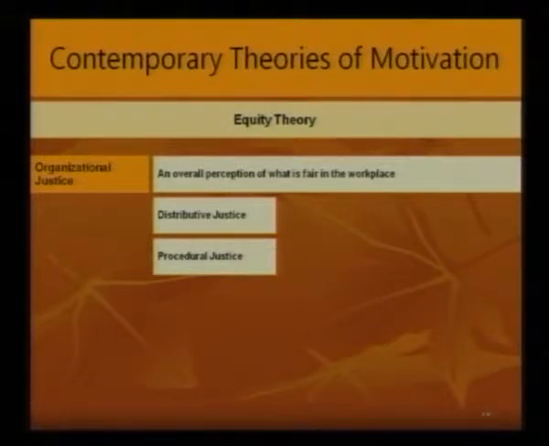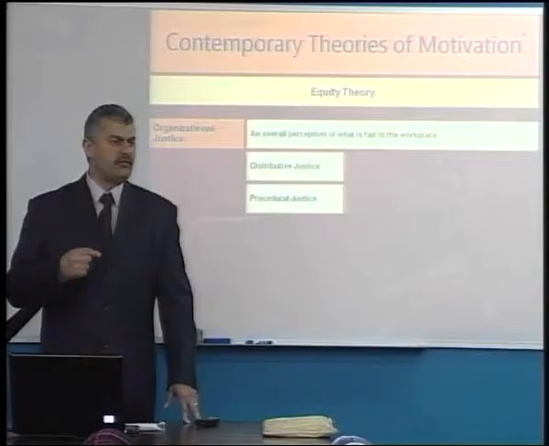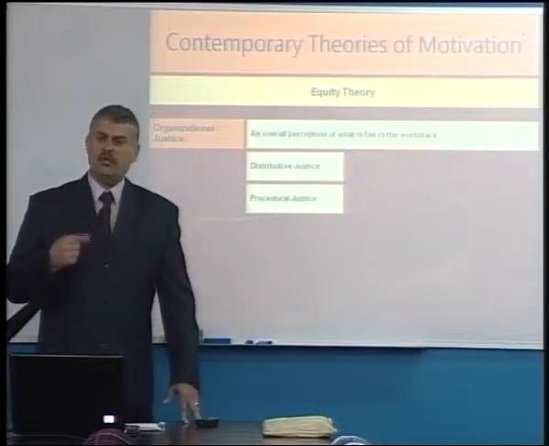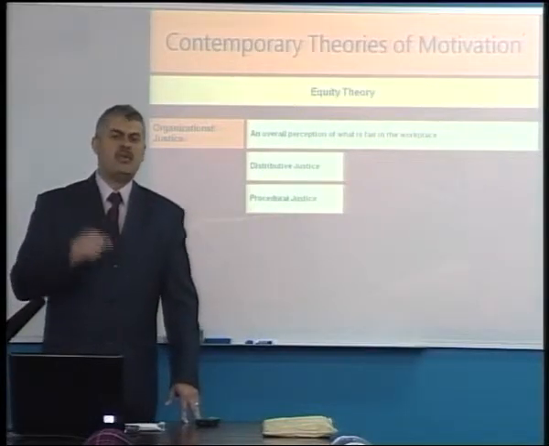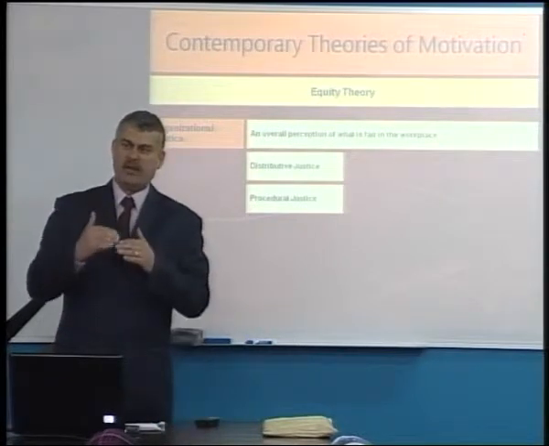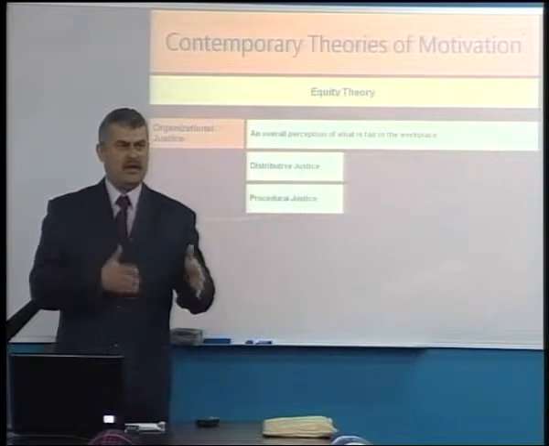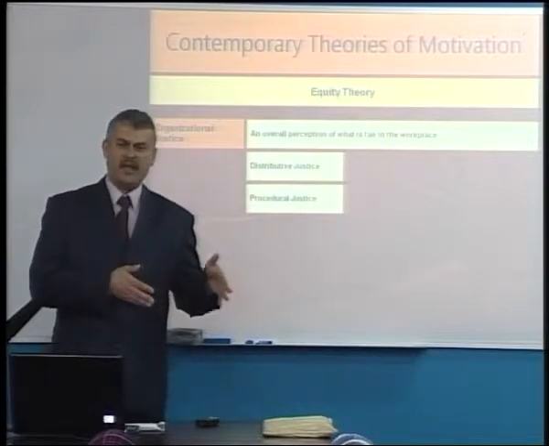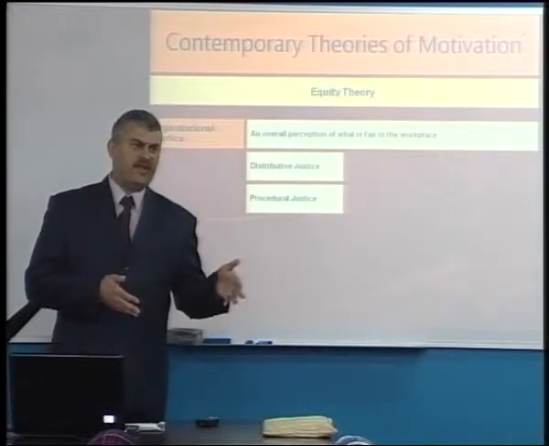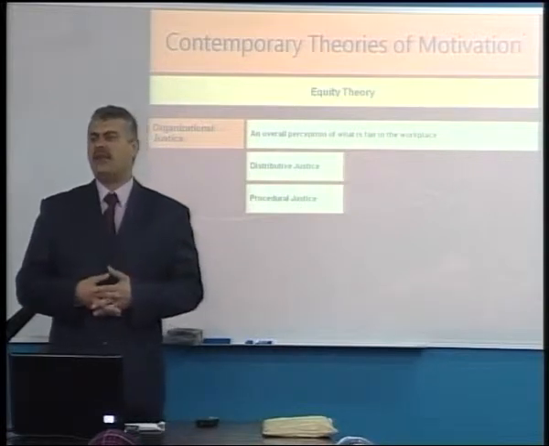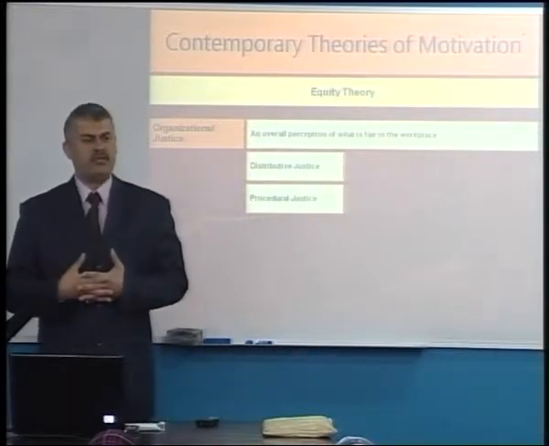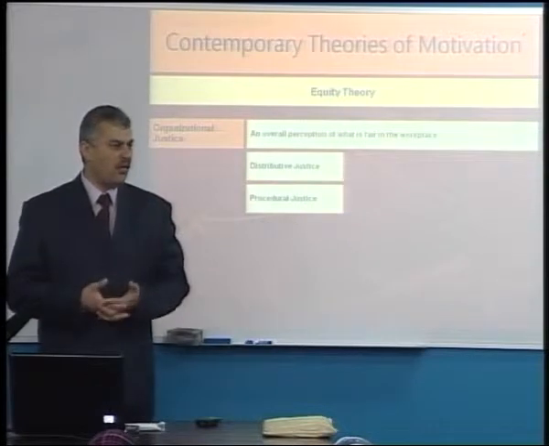In procedural justice, we are talking about the process or procedure used by the organization to allocate the rewards. First we judge whether we are treated fairly in allocating the rewards. Secondly, we judge whether the process or the procedure itself is fair or not.